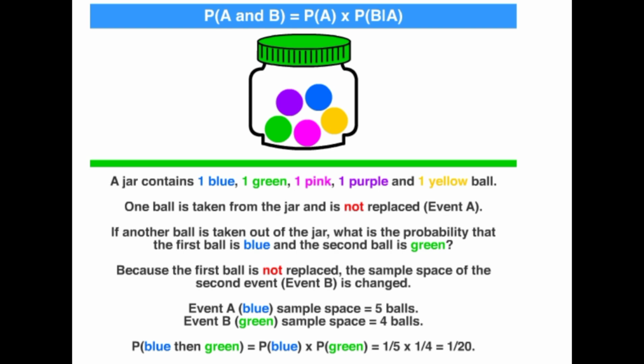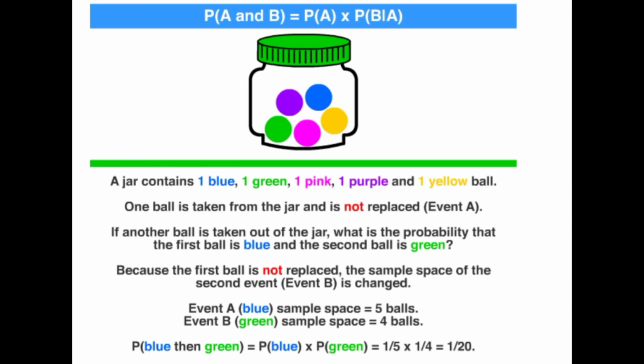A jar contains one blue, one green, one pink, one purple, and one yellow ball. One ball is taken from the jar and is not replaced. If another ball is taken out of the jar, what is the probability that the first ball is blue and the second ball is green?